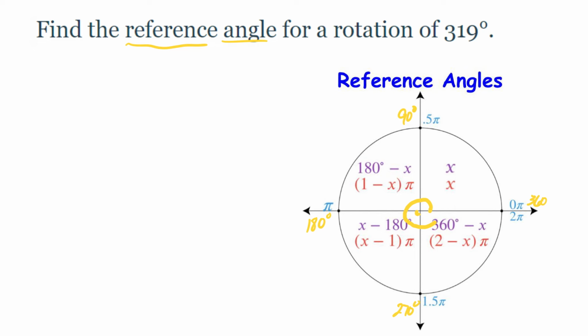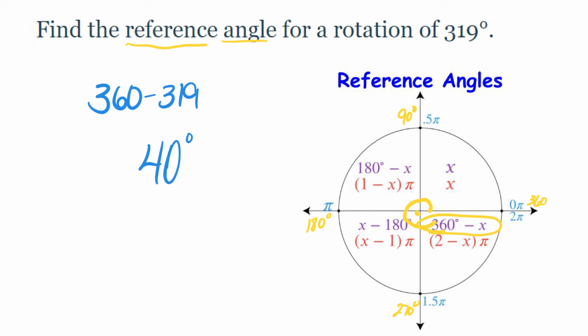So if we are in the 4th quadrant, we are going to use the formula 360 minus the angle that we have. So that'd be 360 degrees minus 319 degrees, which means the reference angle for a 319 degree angle is 40 degrees.